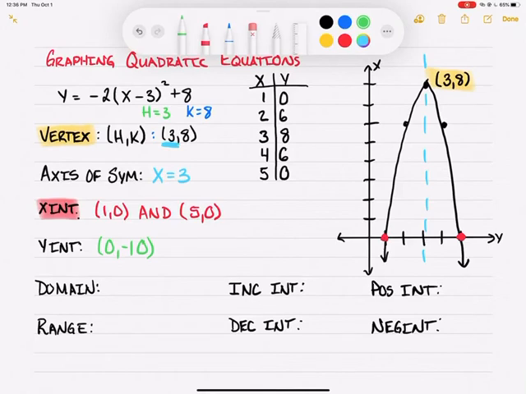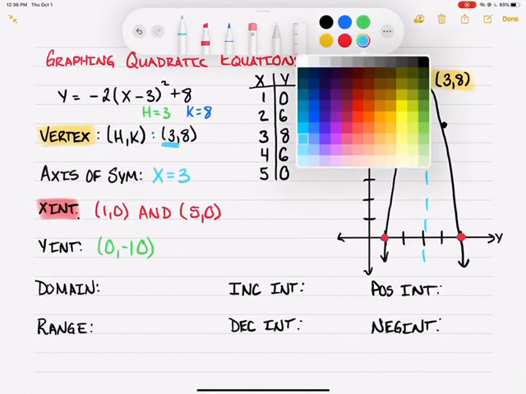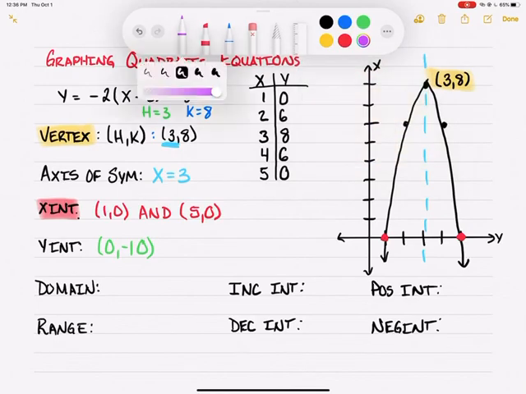Domain comes from the arrows. So this arrow has an x value of negative infinity because it's going to the left, and a y value of negative infinity because it's going down. This arrow has an x value of positive infinity because it's going to the right, and a y value again of negative infinity because it's going down.